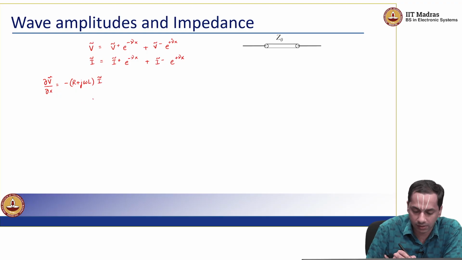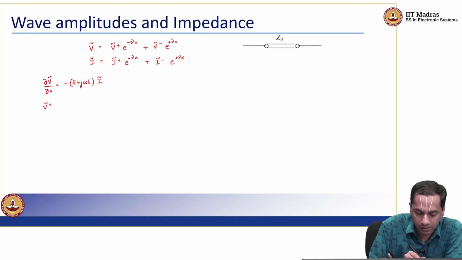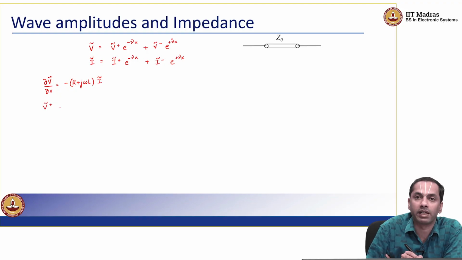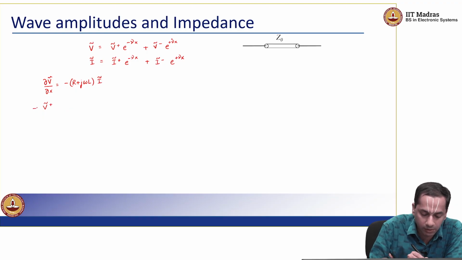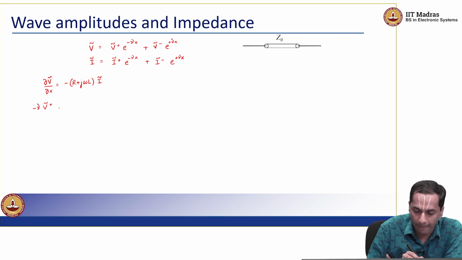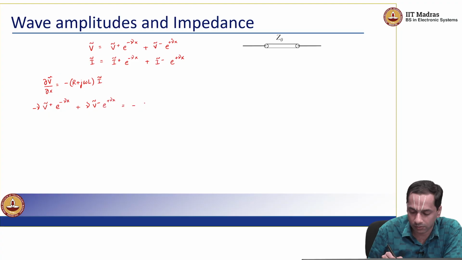So, dou V tilde by dou x is essentially V tilde plus, when I differentiate e to the minus gamma x with respect to x, I will have a minus gamma in the front, e to the minus gamma x, plus gamma times V minus e to the plus gamma x, is equal to minus of (r plus j omega L) times I plus e to the minus gamma x plus I minus e to the plus gamma x.